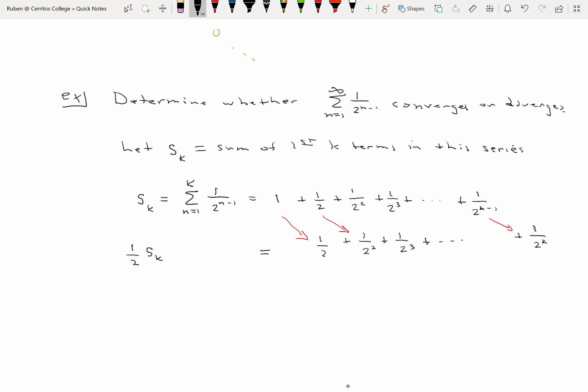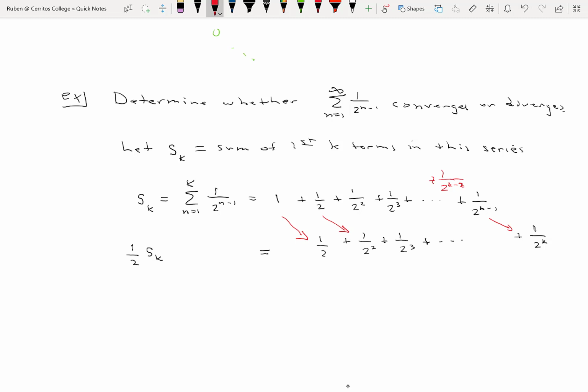Okay, so what would the term just before 1 over 2 to the k in that second line be? Well, what would the term in the first line be just before that? If we start at the end and go backwards, the exponents are decreasing, so it would be 1 over 2 to the k minus 2.